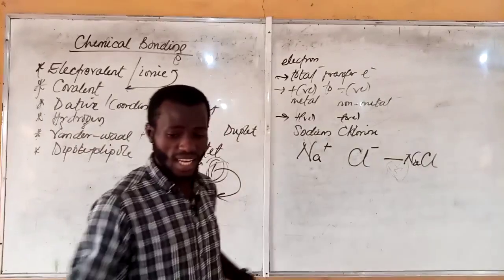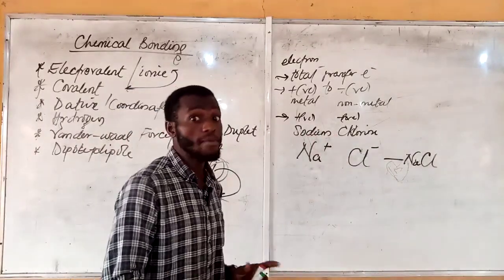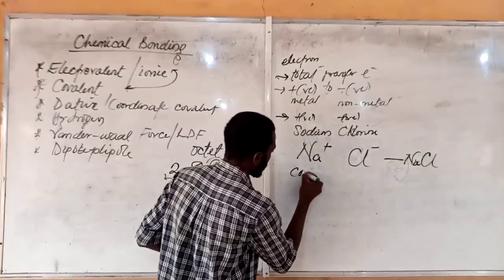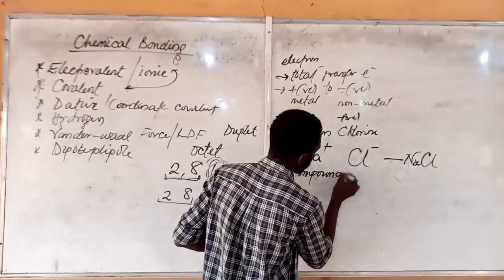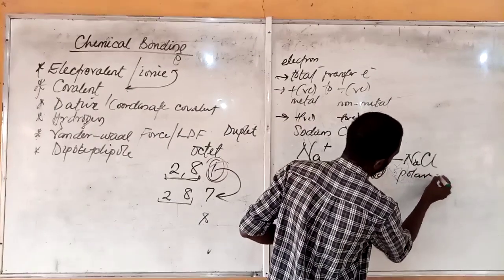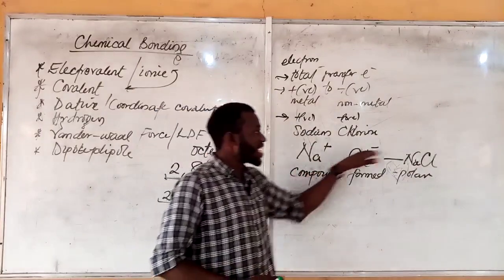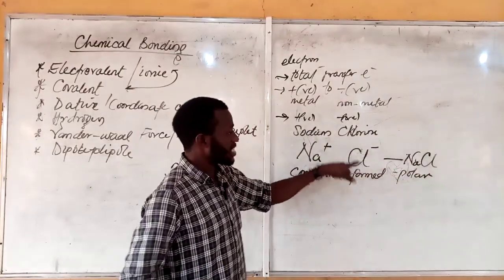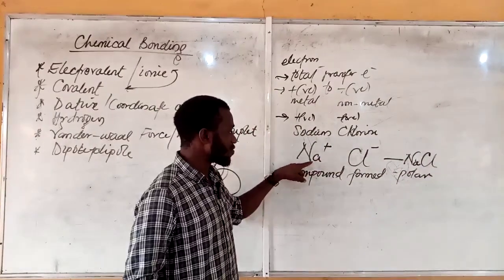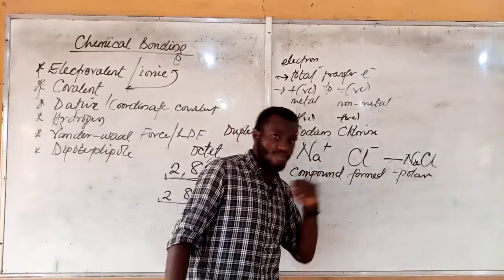Now, let's go further. What do you see here? That the compound that is formed is polar or polarized. How? Because, as it is here, it can ionize to give Na+ and Cl-. So the compound that is formed is polar.